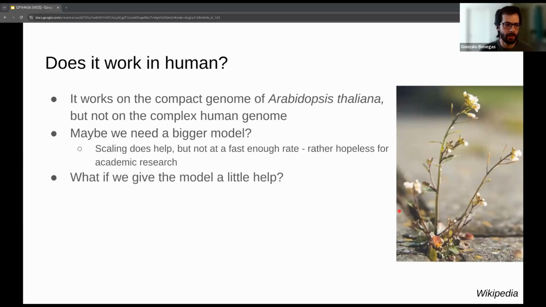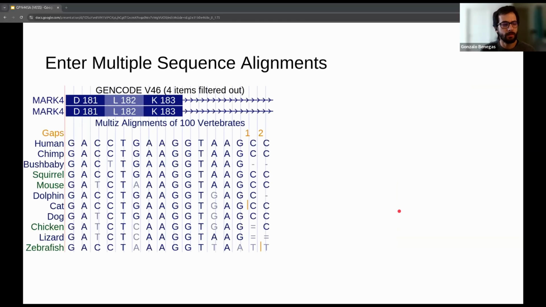Specifically, what we looked into is multiple sequence alignments. These are classic data structures in biology. Here, what it represents is, in this section from the genome, in this Mark4 gene, how the different species of vertebrates are aligned.